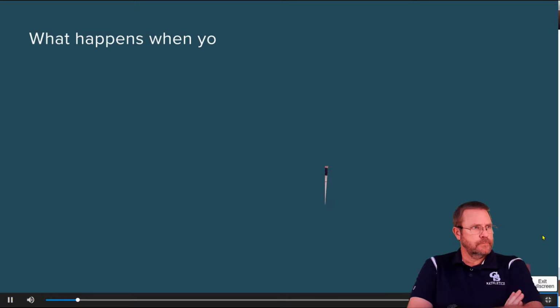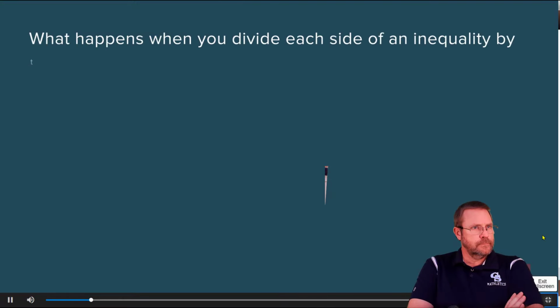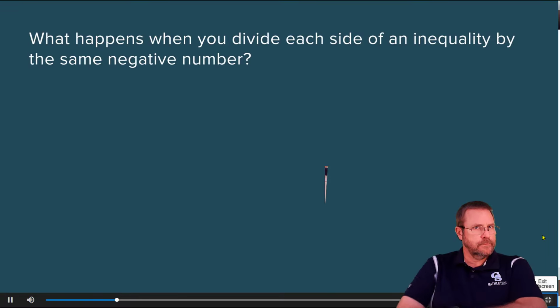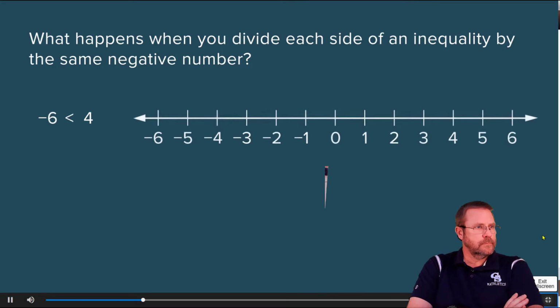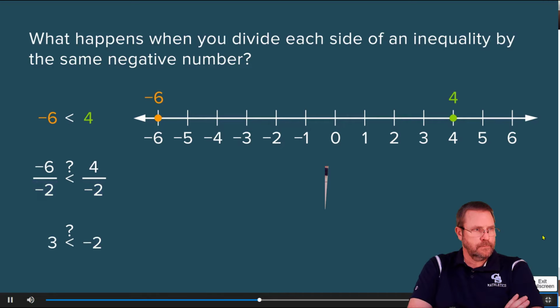What happens when you divide each side of an inequality by the same negative number? To find out, start by graphing each side of a numerical inequality, such as -6 is less than 4. The number line shows that the inequality is true because -6 is to the left of 4. Next, divide each side of the inequality by a negative number, such as -2. Then simplify each side.